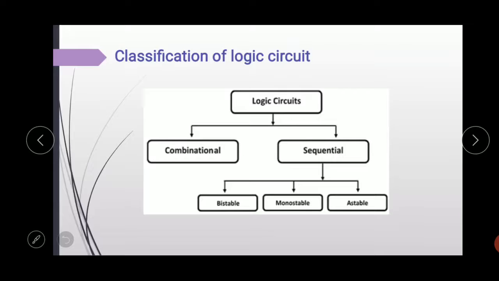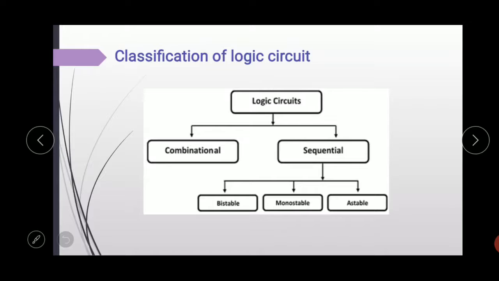But in sequential circuits, the output depends not only on the present input but also on the past, or previous, input, because they contain a memory element that stores the previous inputs.